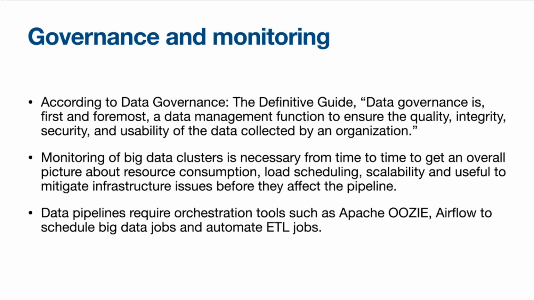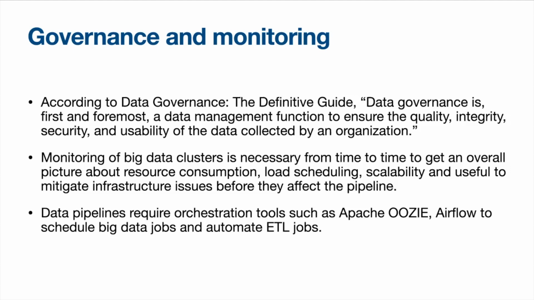And finally, your data pipeline requires governance and monitoring. If you go by definition, data governance is first and foremost a data management function to ensure the quality, integrity, security, and usability of data collected by an organization. What this means is that it is a management function that manages and ensures the quality.